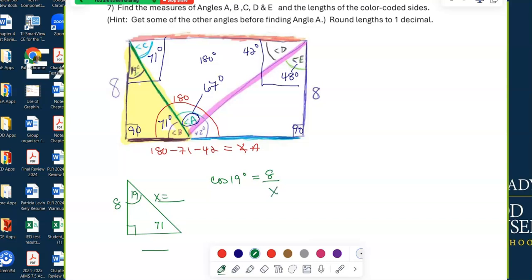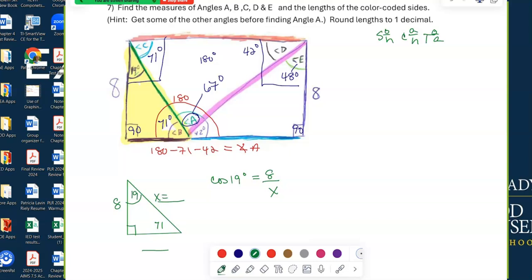Cosine of 19 equals adjacent over hypotenuse, because remember we want to do SOHCAHTOA. So that goes in your calculator. After you do this 12 million times, you're going to realize that if you just change the position of x and cosine 19, life is good.